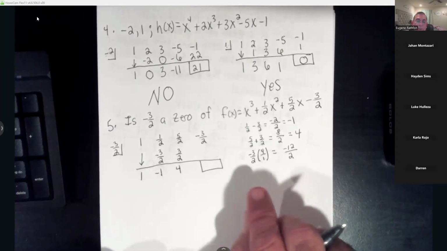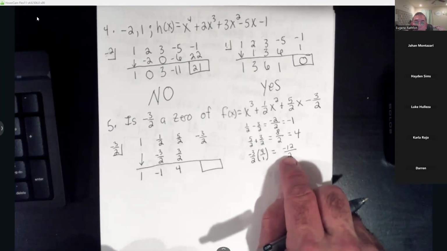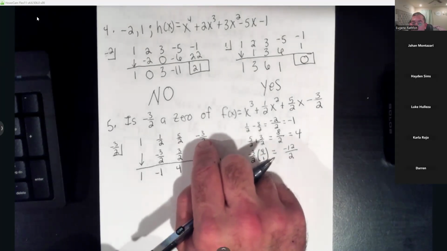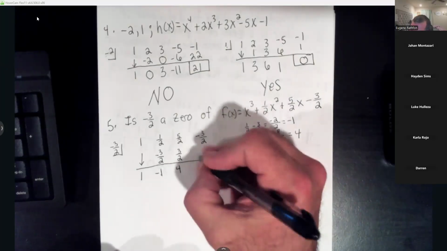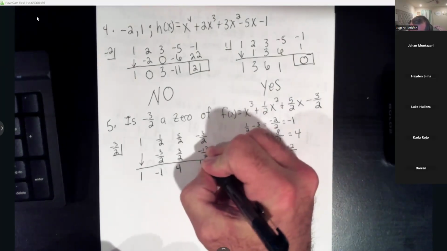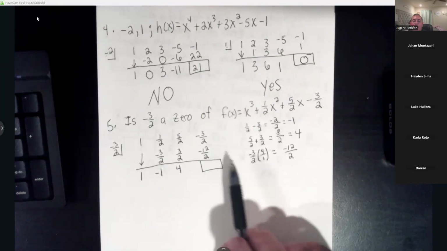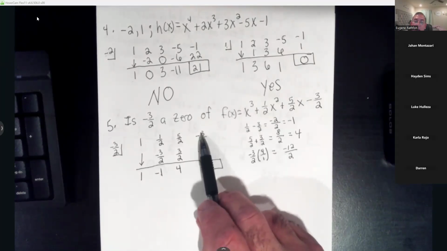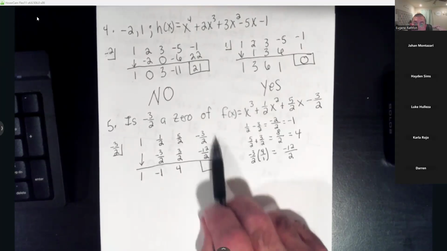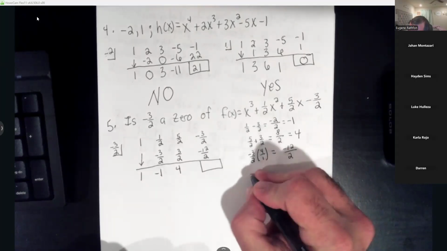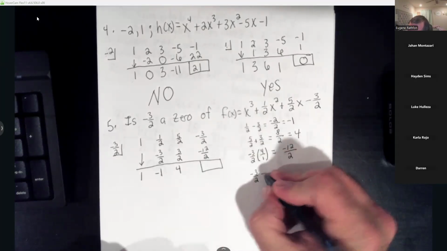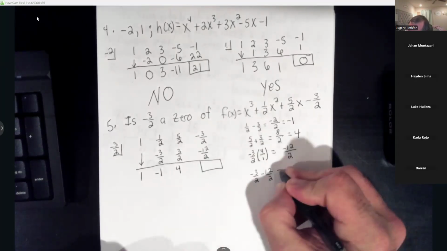Now, I'm just going to show you a trick. I'm going to leave this like that since this number has a fraction with a 2 under it. I'm going to leave that as a negative 12 over 2. Y'all, because if you make that a negative 6, then you're going to have to find a common denominator to add them together, okay? So I'm going to leave it as a fraction, and I got negative 3/2 minus 12/2.